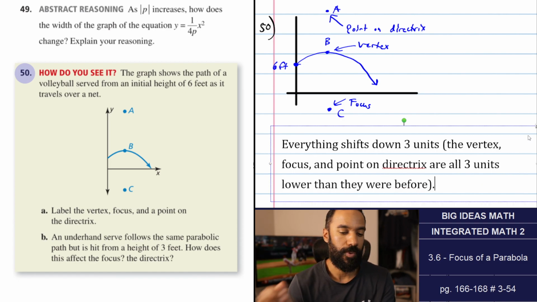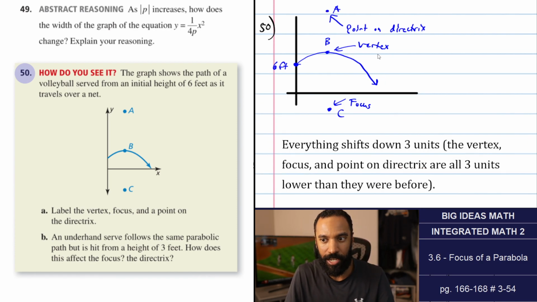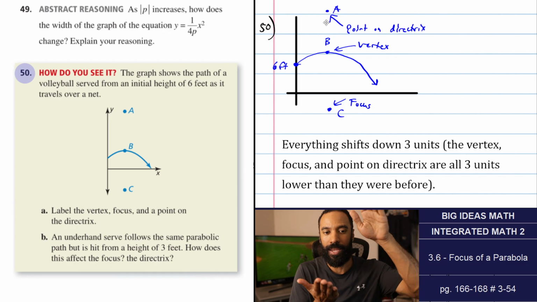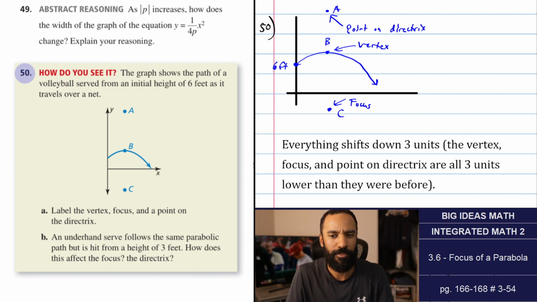And really the reason is because, once again, if it's the same parabolic path, A didn't change. Because A didn't change, P didn't change. Because P didn't change, your distance from vertex to focus didn't change. Neither did vertex to point on directrix. It just went 3 units lower. How does it affect them? Everything is 3 units lower than before. Kind of a weird question.